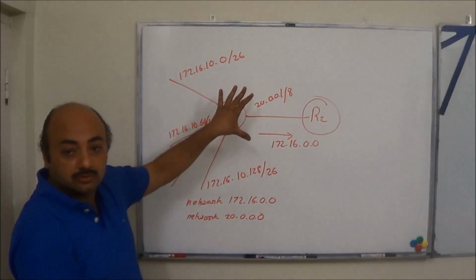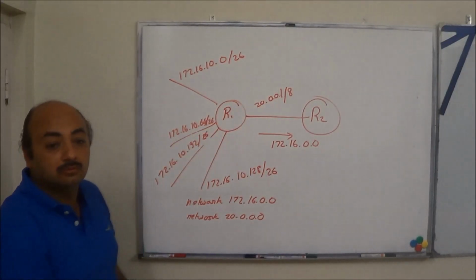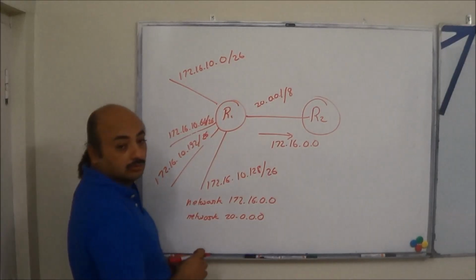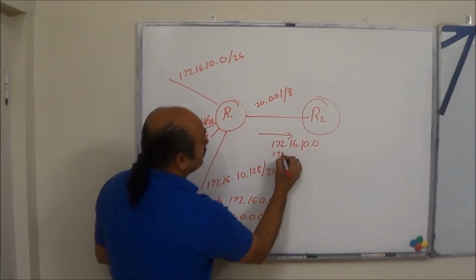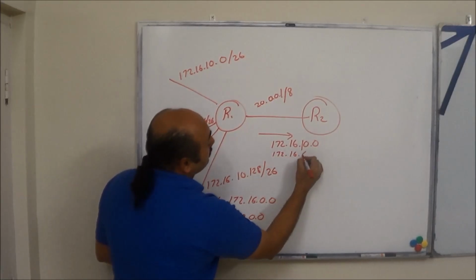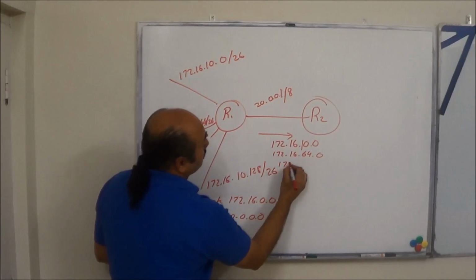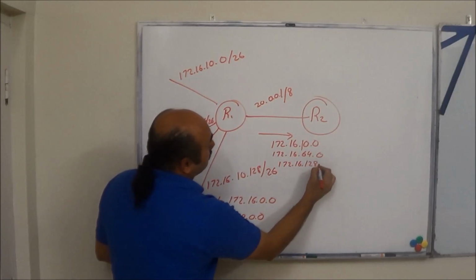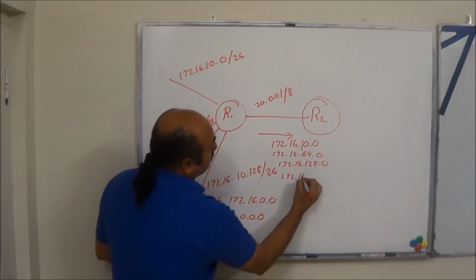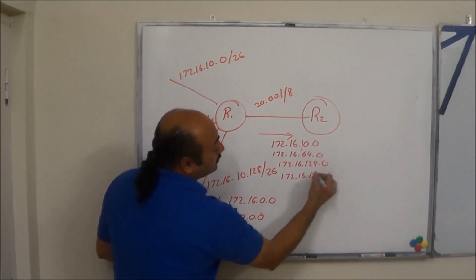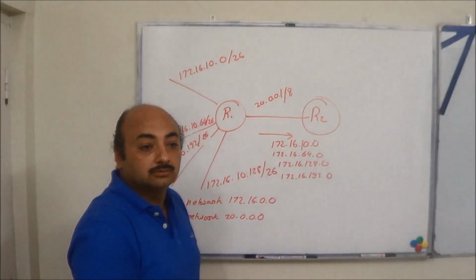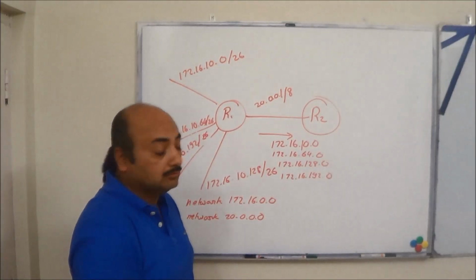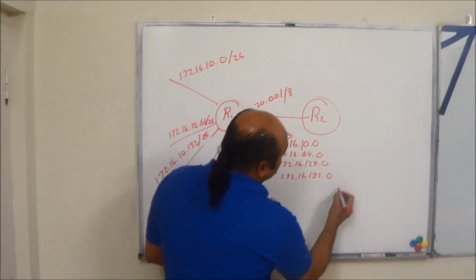Are you clear about this? You are not clear about it. I can tell you. Why are you saying that it is not going to receive this? You should be saying this, but that is not the case. Let me elaborate.